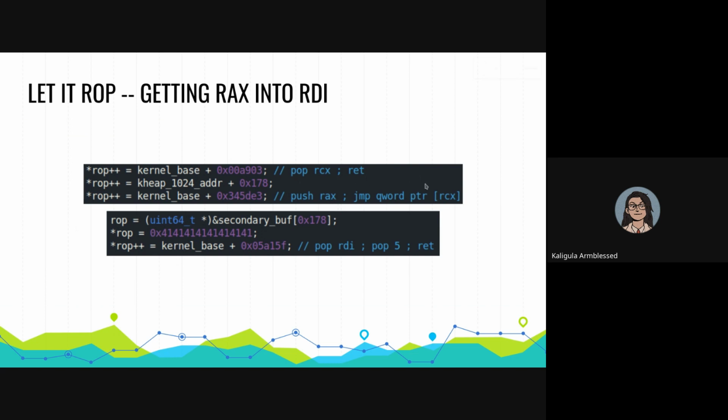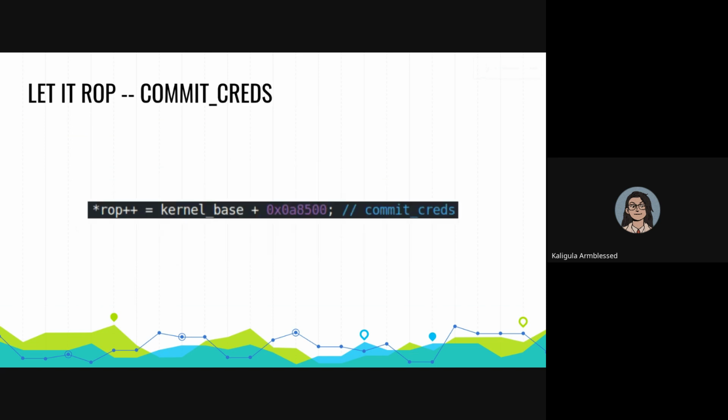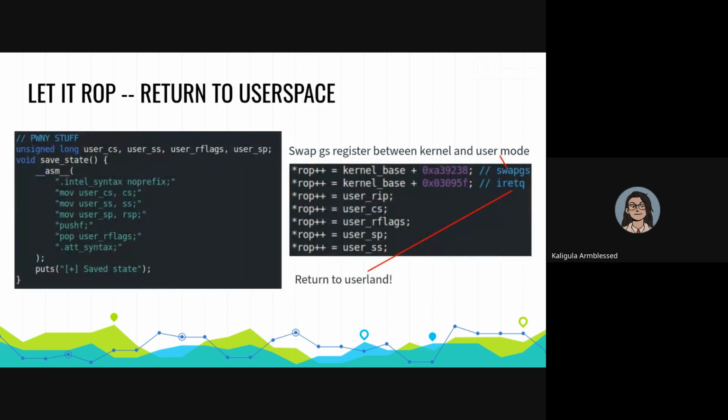And then I will do a drop. So now this will jump here, and this will call pop RDI. But the thing is that whatever was originally in RAX will be on the top of the stack, which will then be popped into RDI, leaving the stack intact and giving us what we want. This will then be wonderful because after that, we can directly call commit_creds with the stuff that we want in RDI. Great, we're almost done.